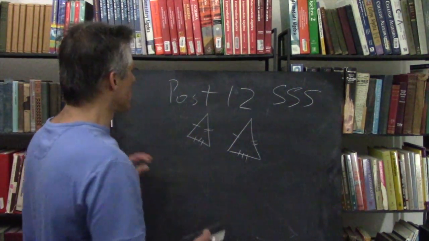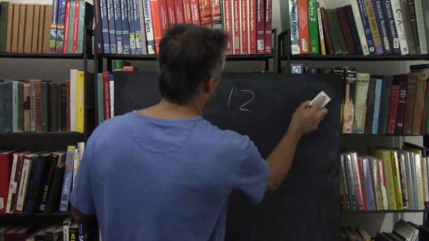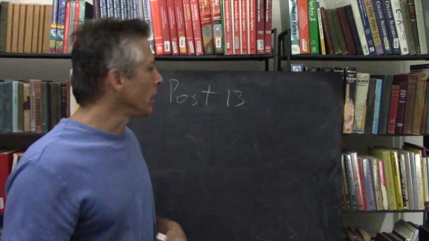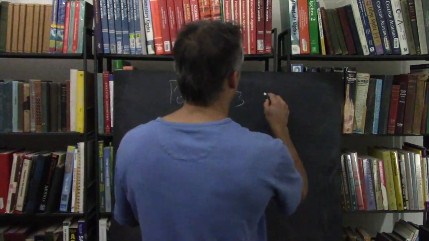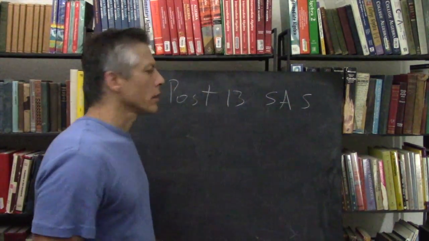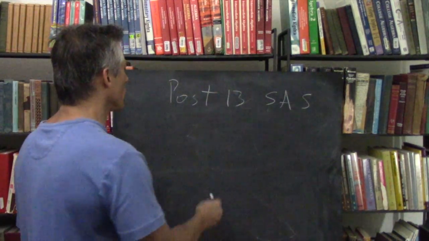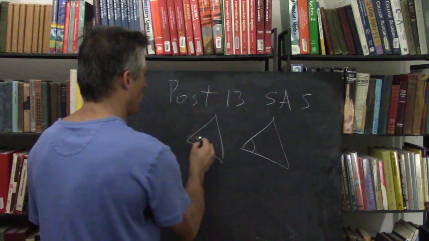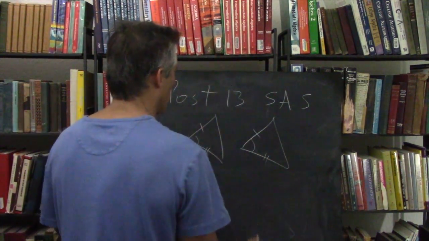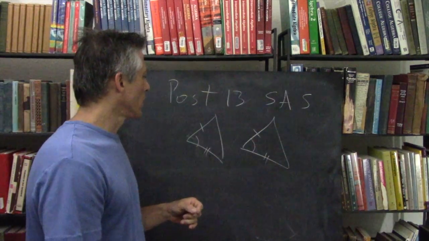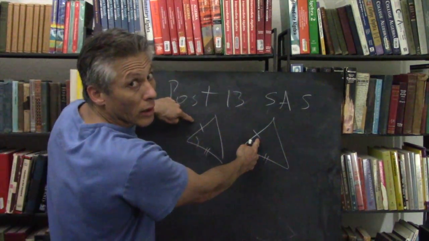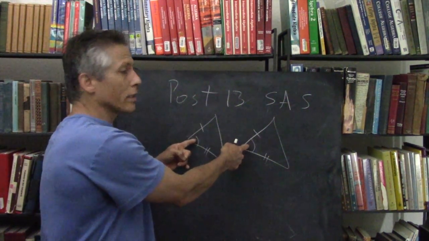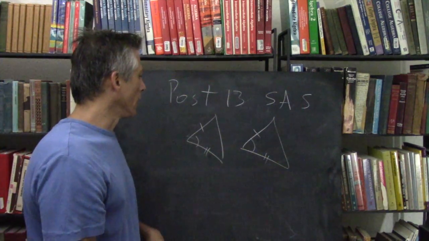And then postulate 13, so you might want to write these down, put them in notes, make flashcards. It's the side-angle-side postulate, and this one says whenever you have two triangles and a pair is the same length and another pair is the same length around this angle, then the triangles are congruent.